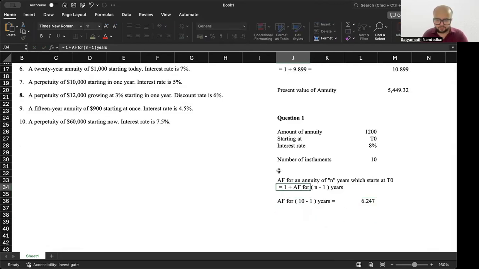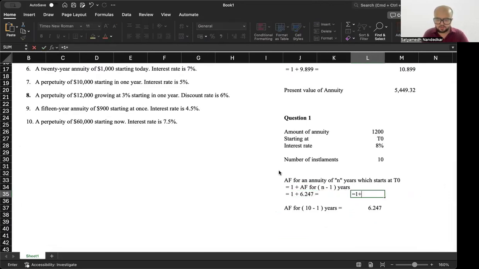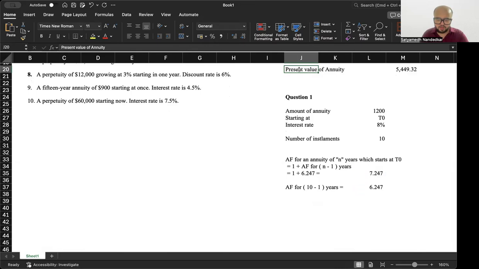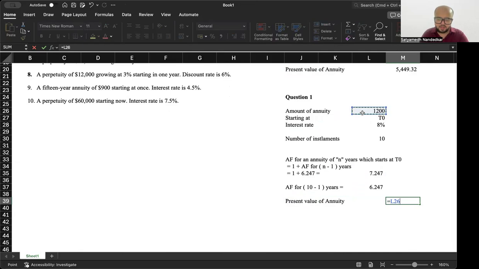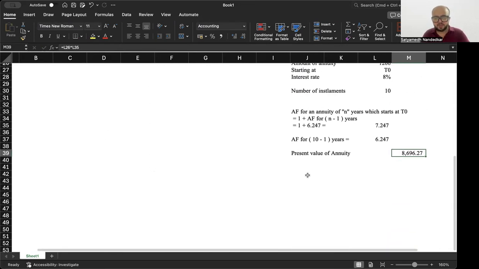So this is 1 plus 6.247, which is 7.247. So what is the present value of annuity? Present value of annuity is 1200 into 7.247, which is 8696.27.